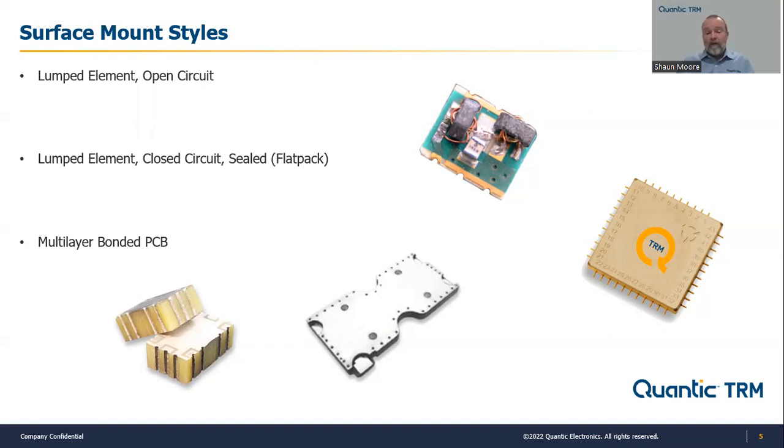All the way on the right-hand side of the page, you'll see that flat pack package. That contains lumped elements inside of it, but it's a sealed package, and therefore you can take that and direct solder it down onto your PCB. Again, that's a halfway point between a connectorized part and a surface mount part.